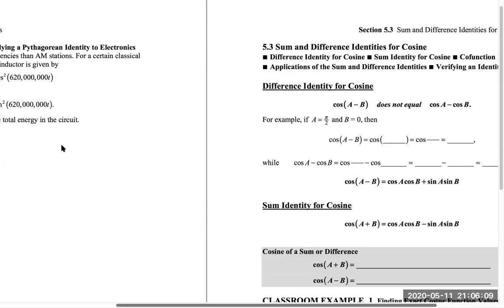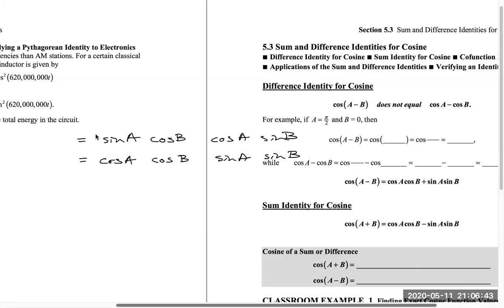All right, so here's how my song would work. Sine, cosine, cosine, sine, cosine, cosine, sine, sine. Okay, then I know A, B, A, B, A, B, A, and B. Okay, I'm going to go ahead and put my equals here.